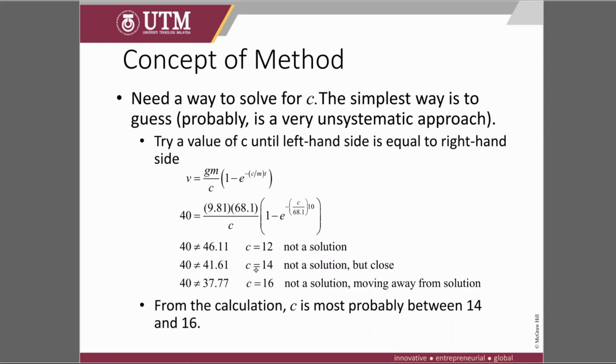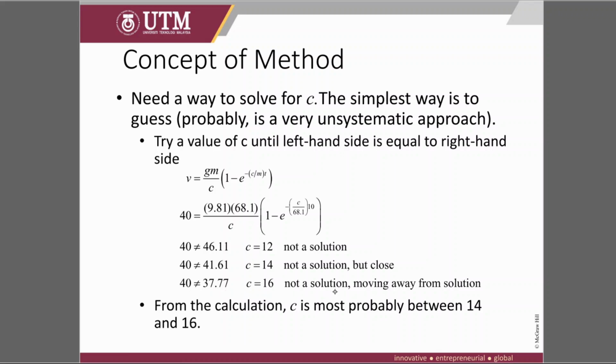So I try with 14. See that now this is 40, this one is 41.61. Okay, better than the one before because it's not that far from the solution. So it's not a solution, but close. And when I move to C equal to 16, what I get is 37.77.